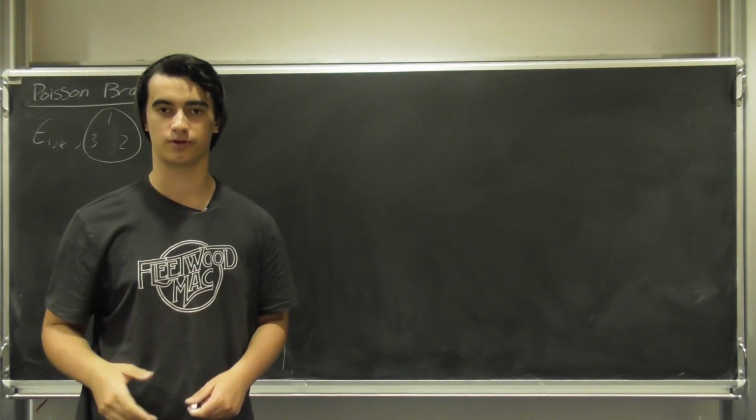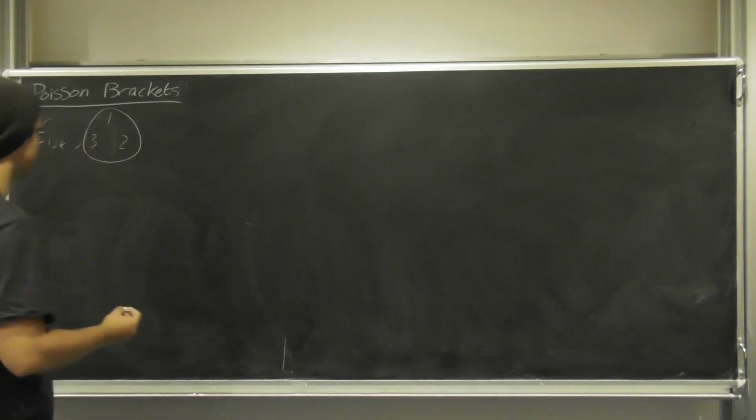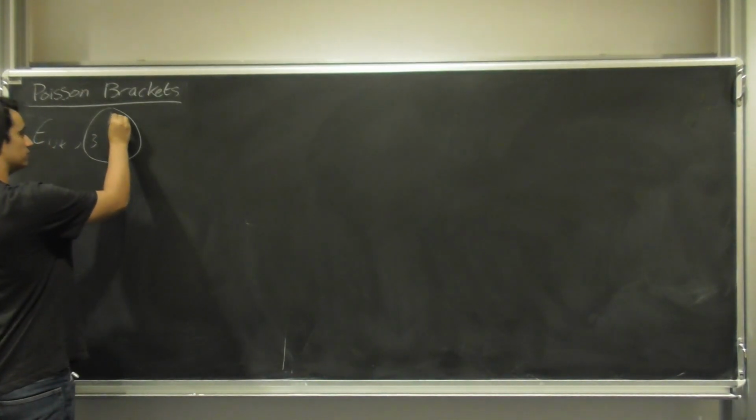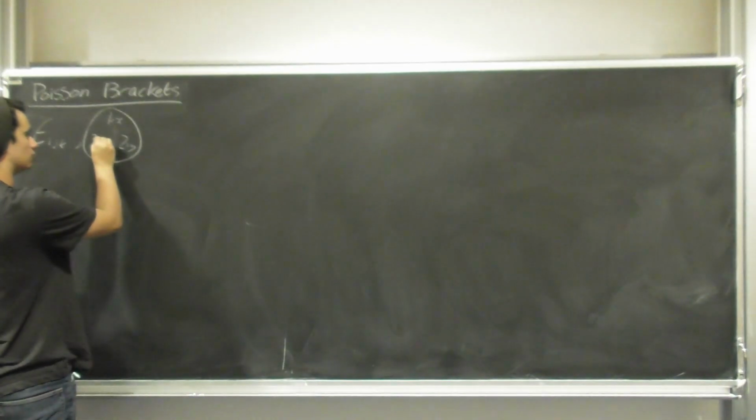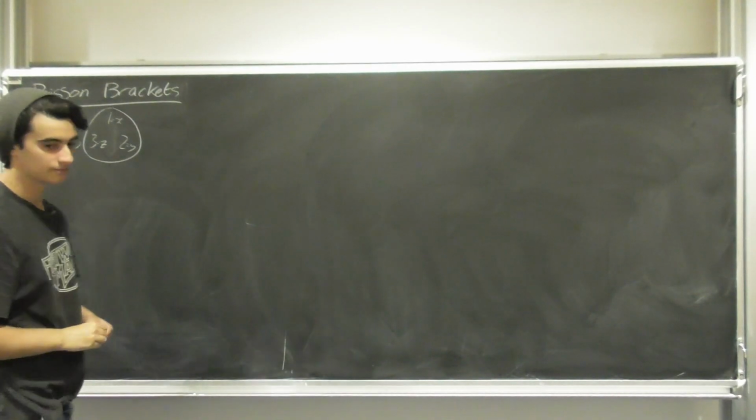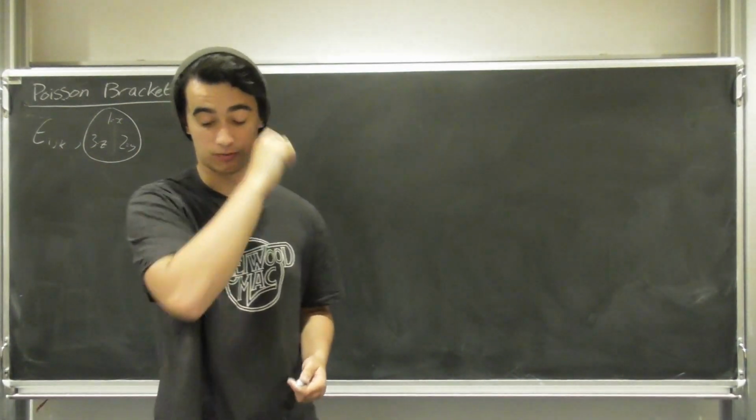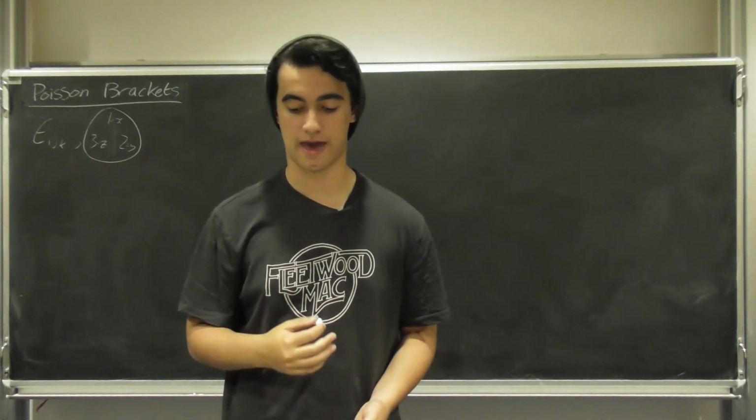Will x be 1, 2, or 3, and so on. We find that x is going to be 1, y is going to be 2, and z is going to be 3. So this just helps when we're doing our rotations. That's how it'll work out.